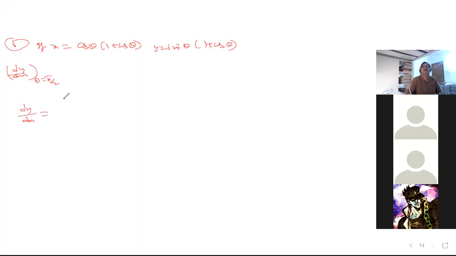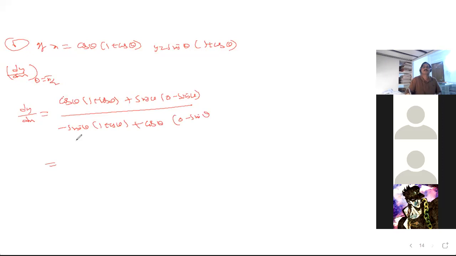So dy by dx means what now? UV formula, isn't it? Shall I go for UV? Cos theta into 1 plus cos theta plus sin theta into 0 minus sin theta, divided by this, minus sin theta into 1 plus cos theta. Are you comfortable with this, sir?